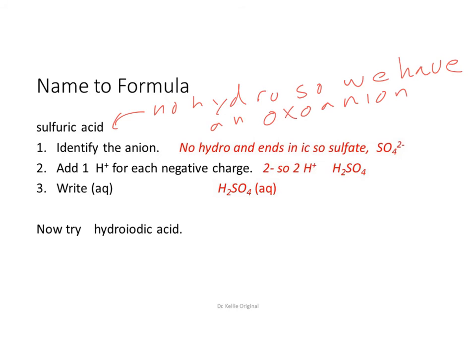Then we see that it ends in ic. So that means it was replaced from ate. Right? Ate becomes ic, so ic becomes ate. So we have the sulfate ion as the base for building our acid.